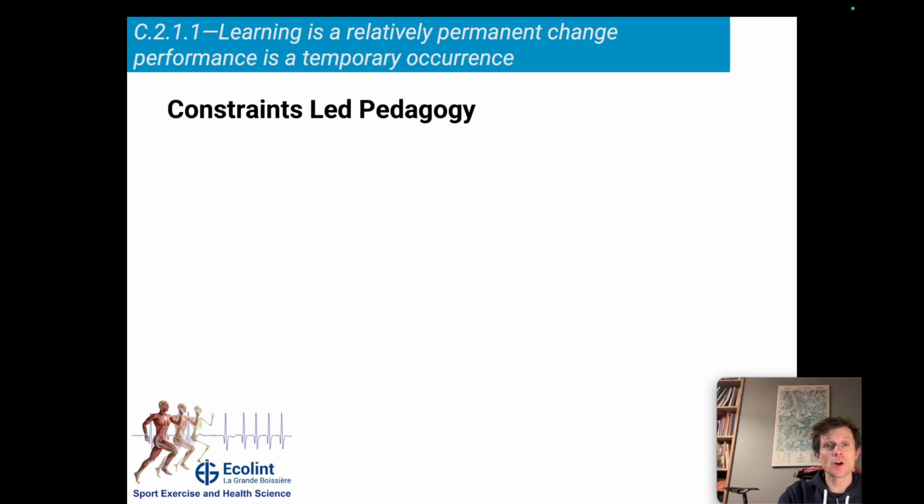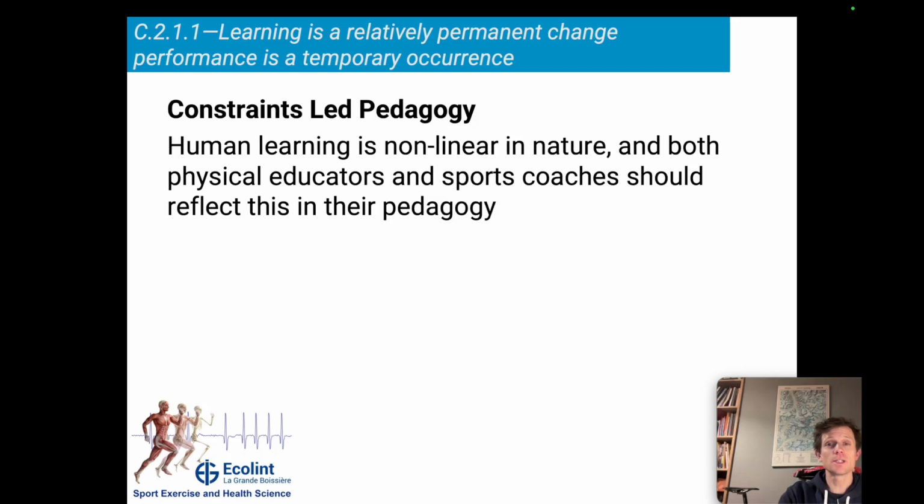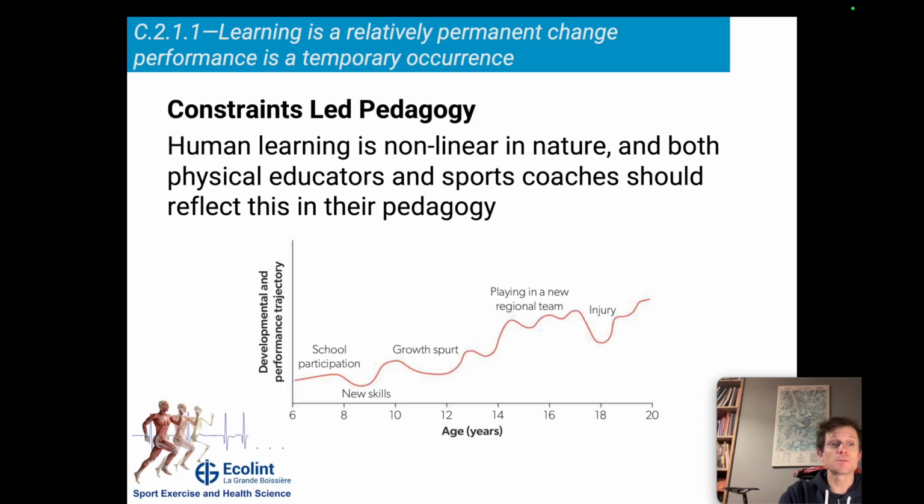Physical educators and coaches should take into account a constraints-led pedagogy. This is because human learning is non-linear, and this needs to be reflected in the way that coaches and teachers actually impart knowledge to their athletes. This means that they need to incorporate a non-linear pedagogy into their teaching.